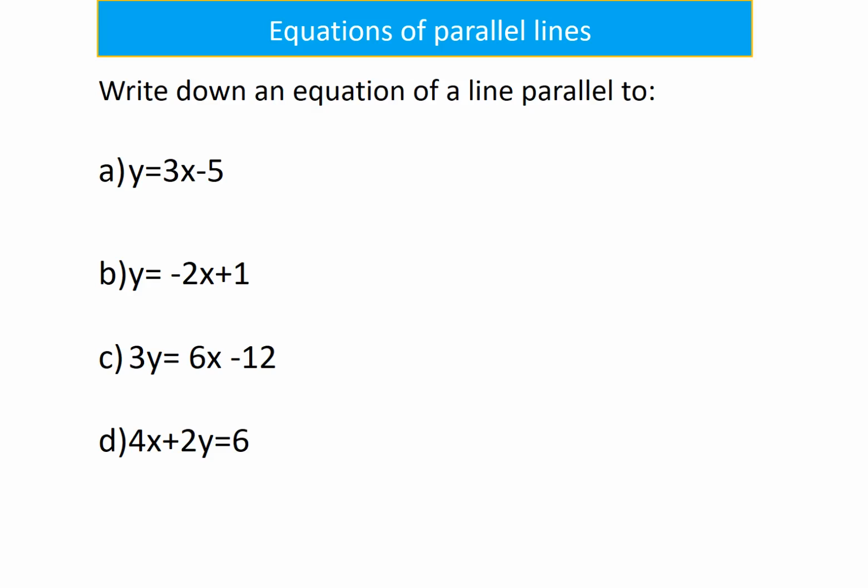We can come up with lots of examples, because we don't know exactly any other points where those lines need to go. So I don't have a y-intercept given for the line that I need to write down an equation for. It could be any line which is parallel to the ones that are given here.